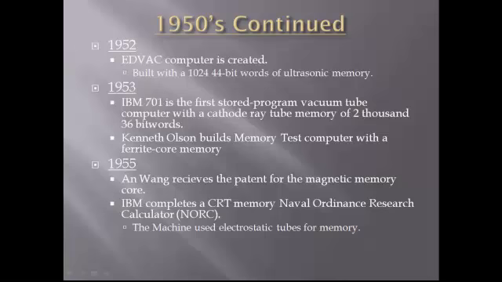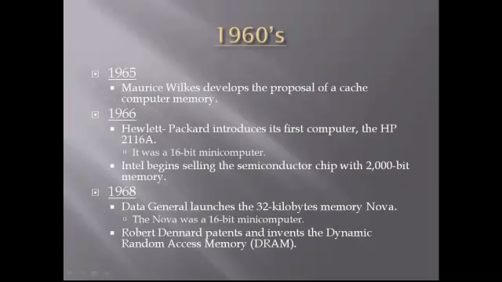Also, Kenneth Olsen builds a memory test computer with a core memory. An Wang receives the patent for the magnetic memory core. This was in 1955. And IBM completes the CRT memory Naval Ordnance Research Calculator, the NORC. The machine used electrostatic tubes for memory.